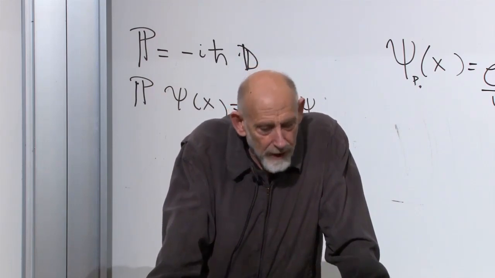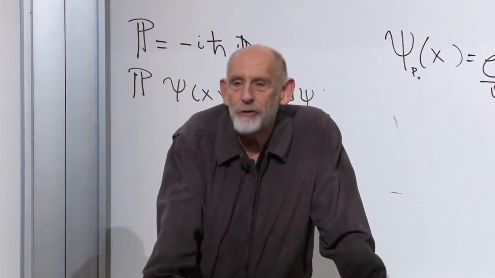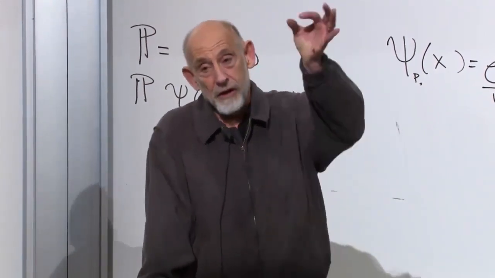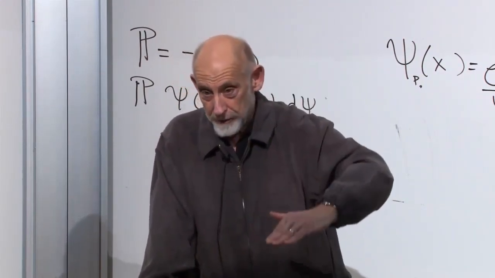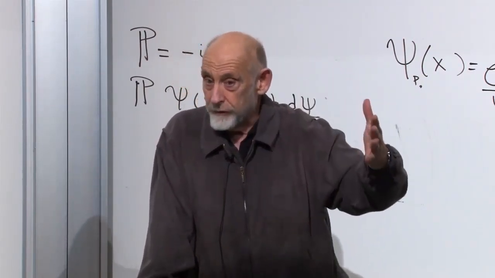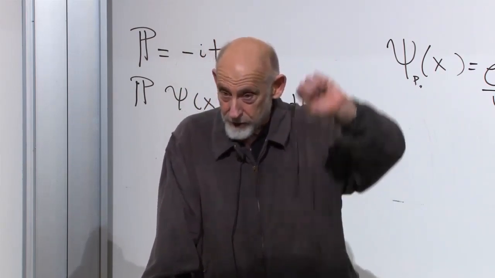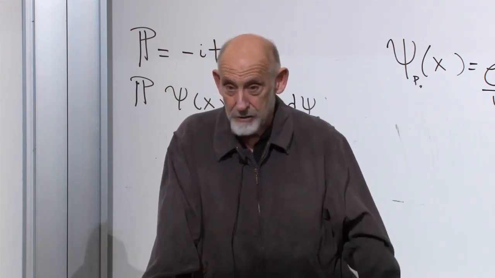Yeah, but remember, we also represent the operators as matrices and the kets as columns. But a column is just a list of values of an amplitude as a function of an eigenvalue. So it really is the same thing.